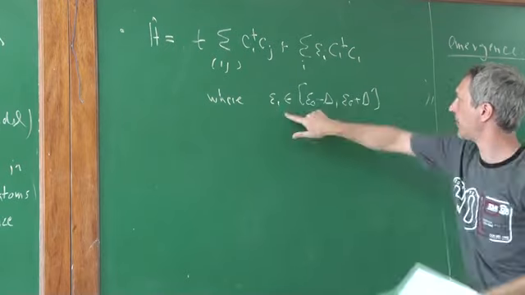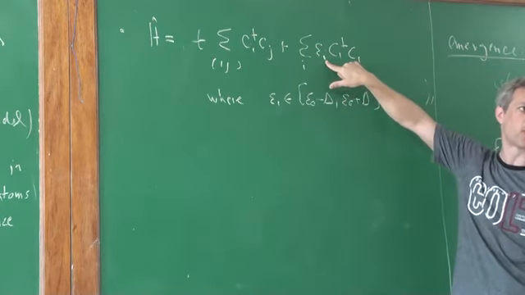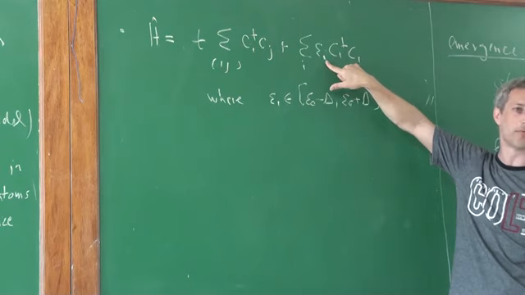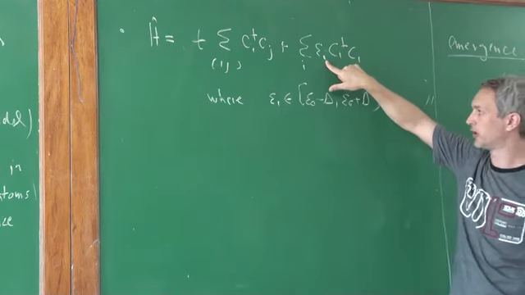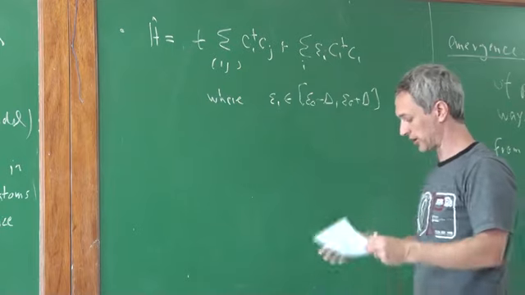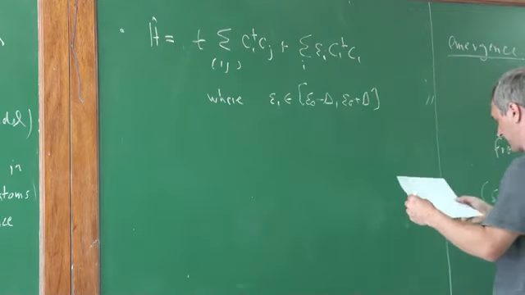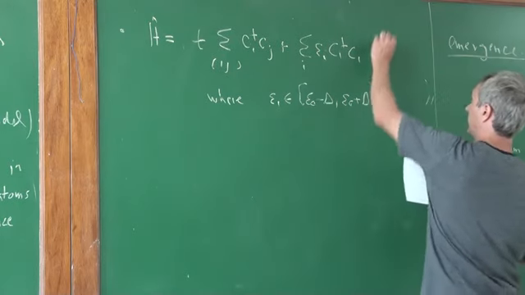This random energy would correspond to disorder, okay? So you have some imperfections in your material which disorder your system. And this would be the Anderson model.